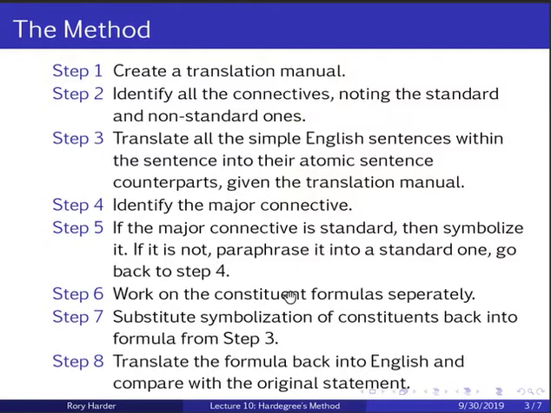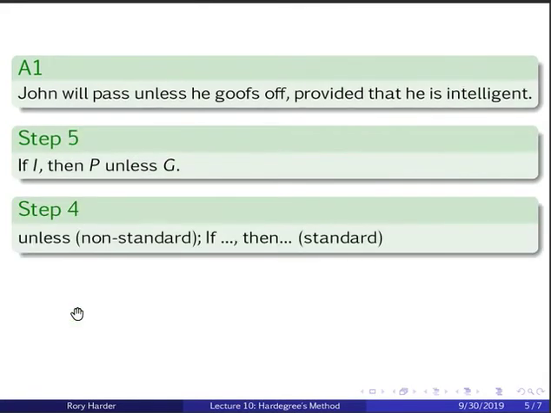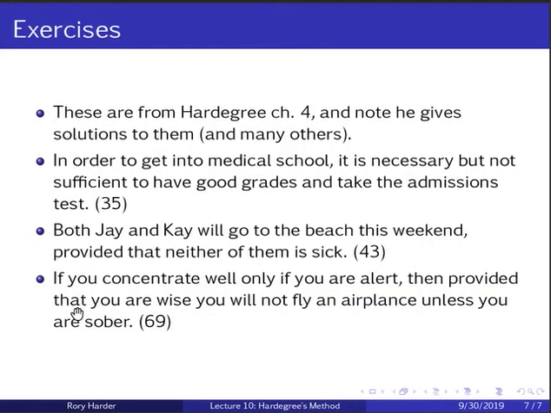Then we'll work on the constituent formulas, and then we'll plug those into our result from earlier. And then once we have our final translated sentence, we'll read it back into English to see how it compares with the one we started with, which is that both J and K will go to the beach this weekend, provided that neither of them is sick.